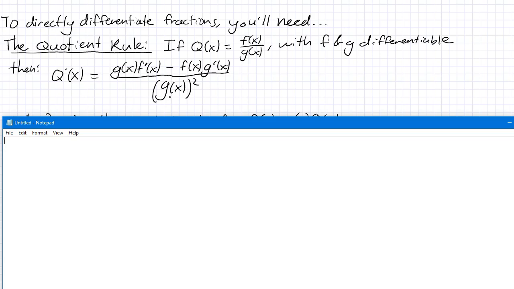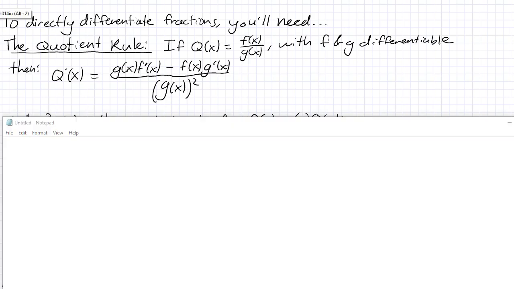And I'll tell you how I first learned this and how I remember it. My trick to memorizing it is this nursery rhyme, which is the way I've just always remembered it. You think of f as like the high part of the function. It's on top, so it's higher than g of x, and g is low.